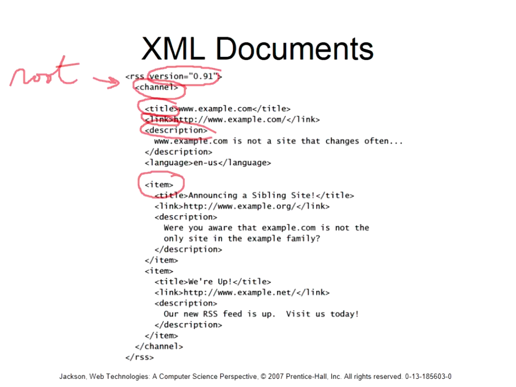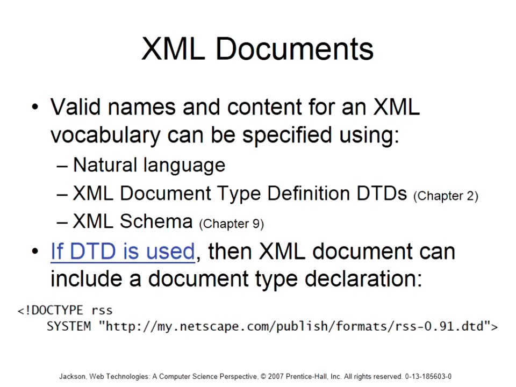Can you give me some examples of tags in an RSS document? Title is a tag, very good. Channel is a tag. Link is a tag. Description is another tag. Item is a tag. Here, RSS is the root.